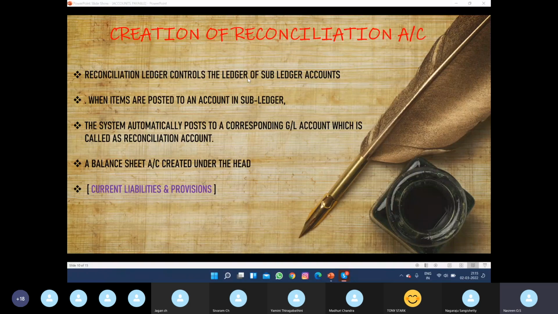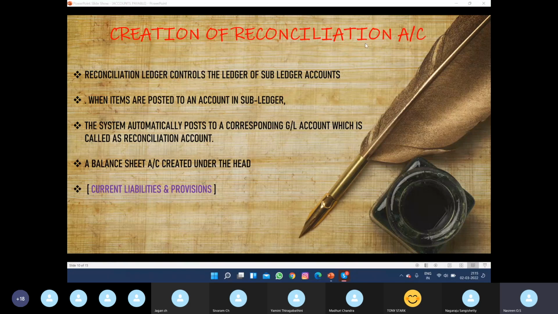Reconciliation ledger controls the ledger of all the sub-ledgers, which means this reconciliation is not only for vendors. It can also be used for customers, for assets, and for many others.